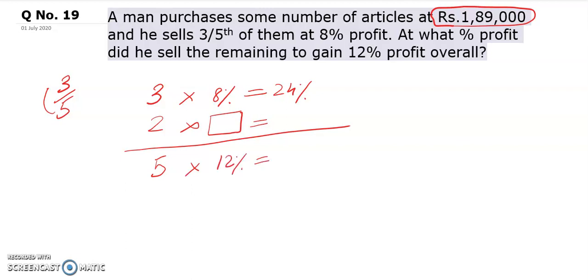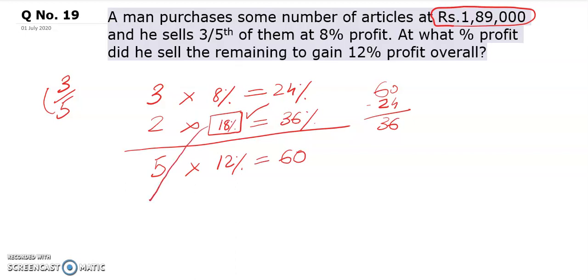3 plus 2 is the total number of articles, 5, and the overall profit percent is 12%. So our total percent is how much? 5 into 12 will give us 60. Now 60 minus 24 is 36. So this part will be 36%, and we need to find out this part. So 2 into dash will give us 36%. 2 into 18% will give us 36.